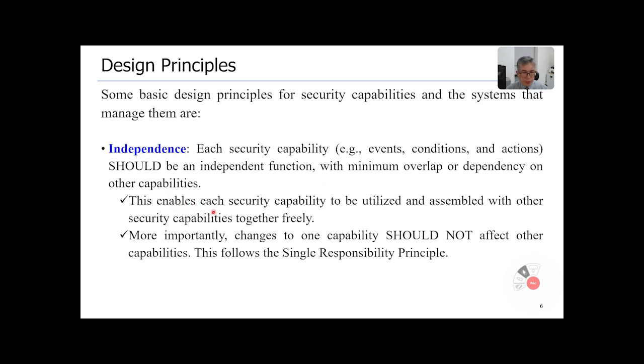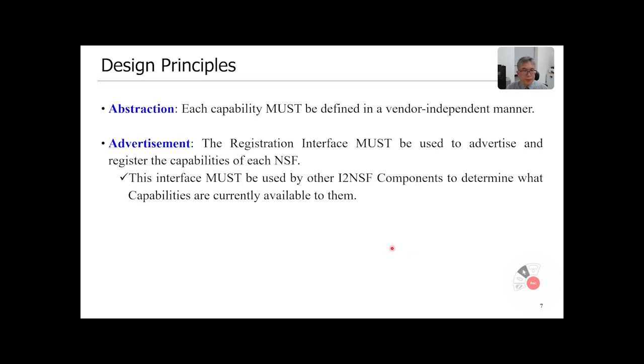This enables each security capability to be utilized and assembled with other security capabilities freely. More importantly, changes to one capability should not affect other capabilities. This allows the single responsibility principle.